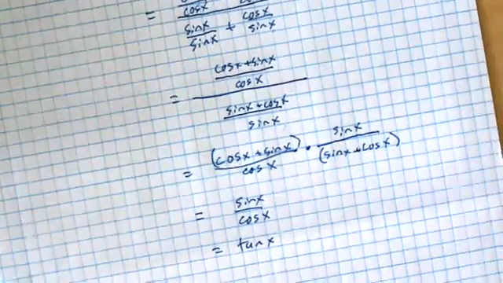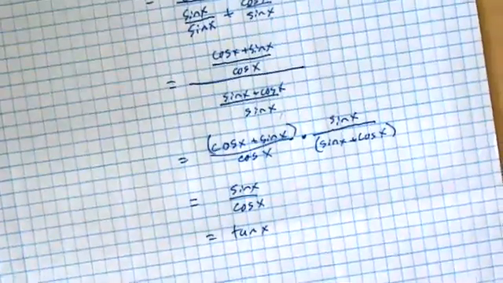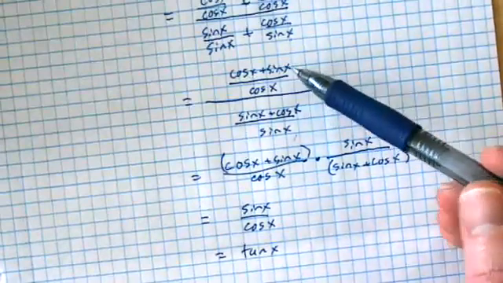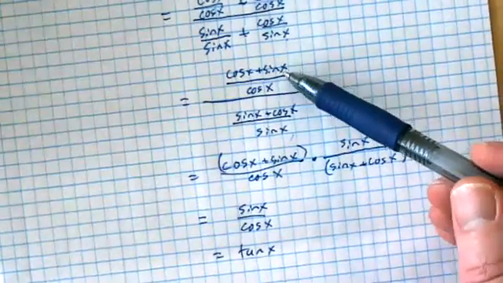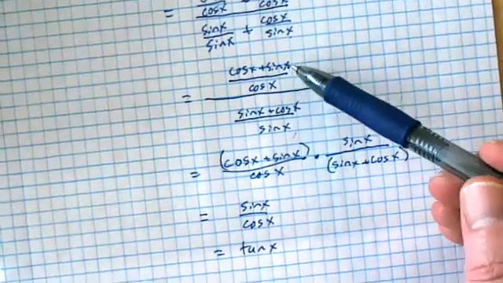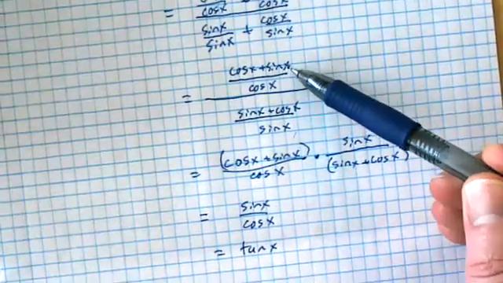Cosine x plus sine x is not equal to 1. Cosine squared x plus sine squared x is equal to 1. Can you guys do your side conversation some other time?